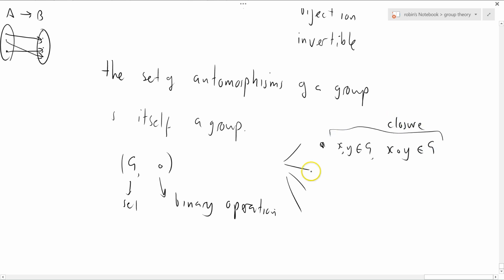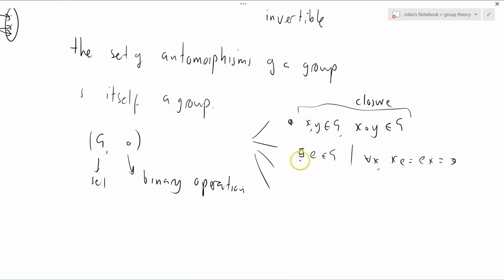Secondly, we require that there exists e in the group such that for all x, xe equals ex equals x, so we've got a neutral element, an identity element. Also there exists x minus 1 in G such that x x minus 1 equals x minus 1 x equals e, an inverse element.